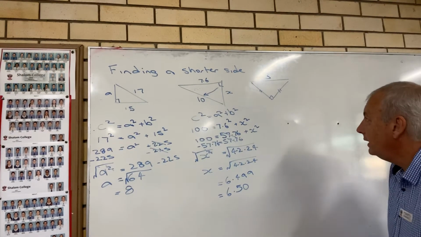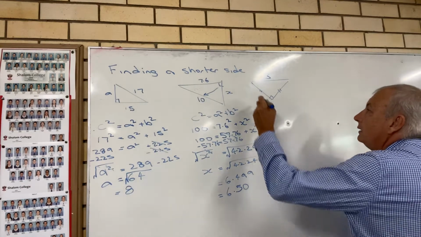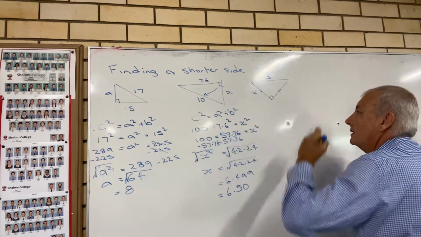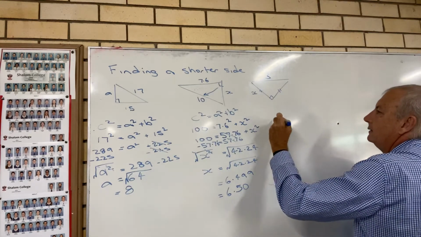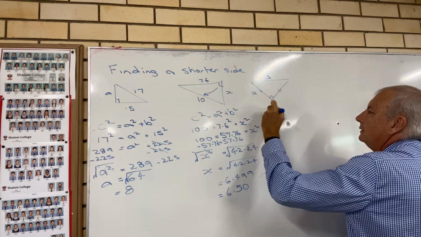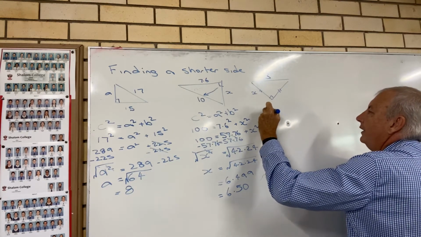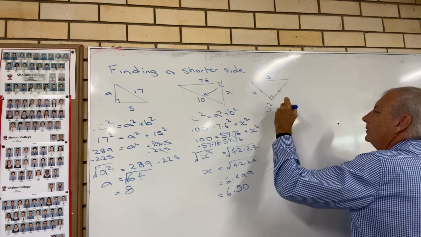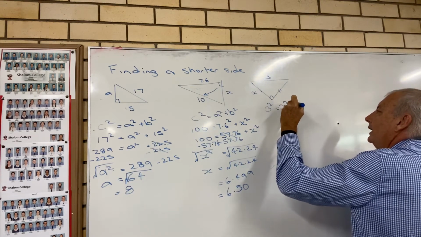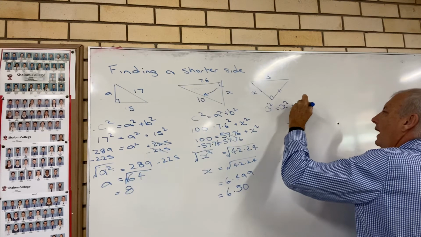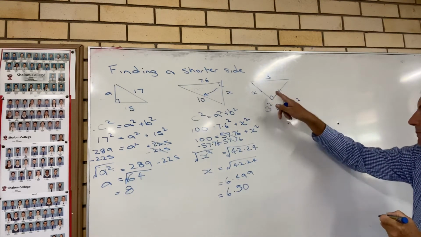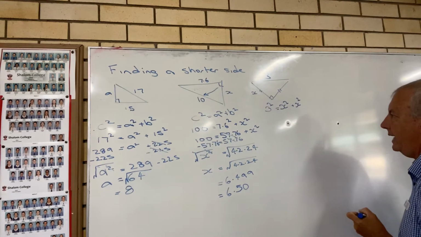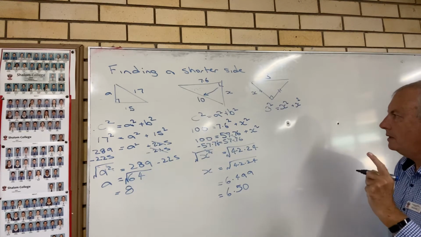So, if we call this x, we use our formula. So we've got 3 squared equals x squared plus x squared, because they're both going to be the same size.